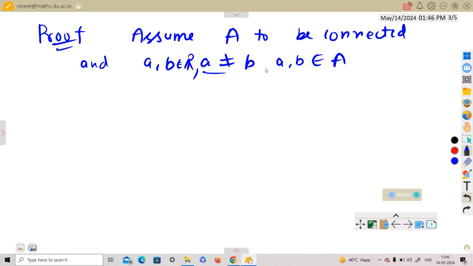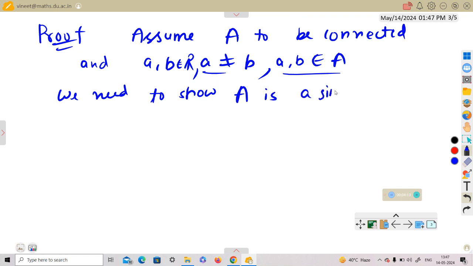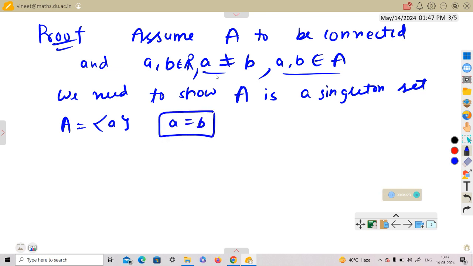We need to show A is a singleton set. This is our aim. We will show that A is a singleton set, that is, a is equal to b. We assume that a is not equal to b, and then we will show that a is equal to b by contradiction.